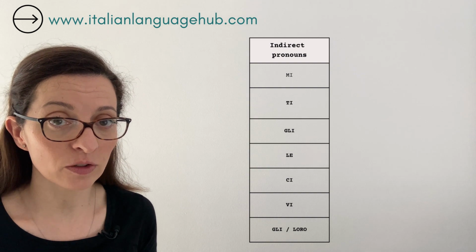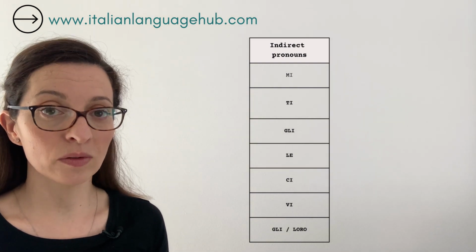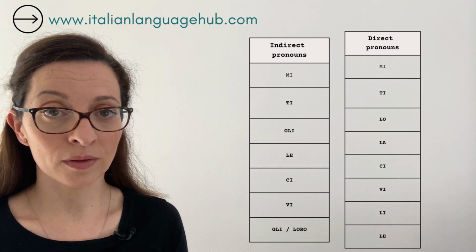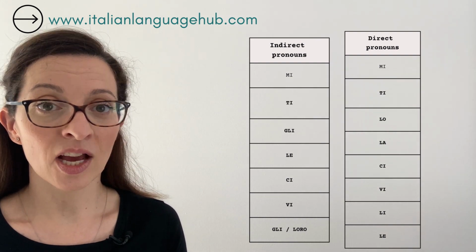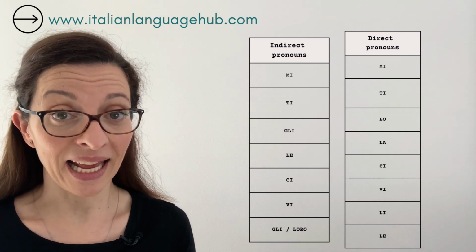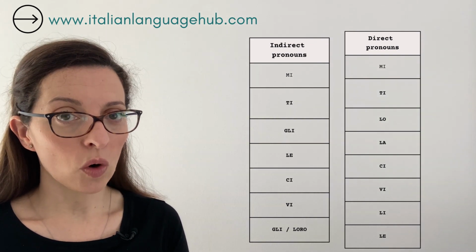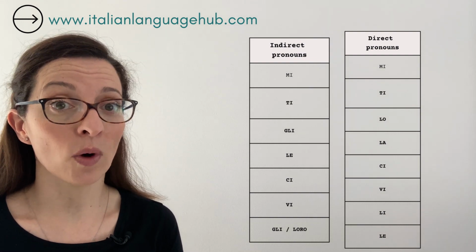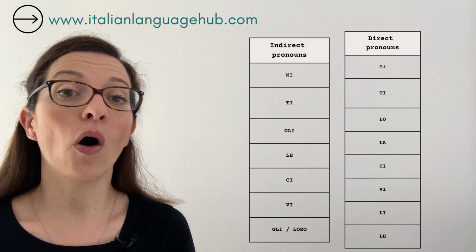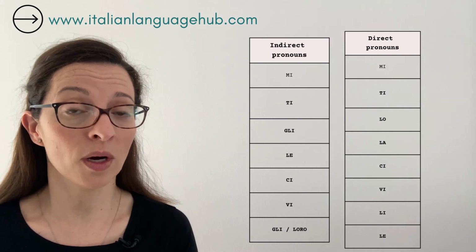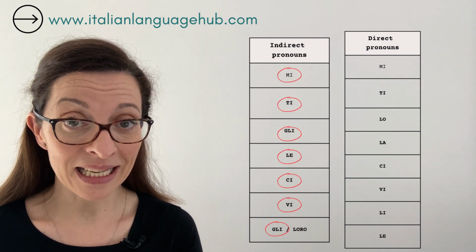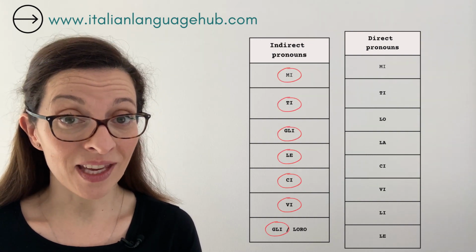What about the direct pronouns? The direct pronouns are mi, ti, lo, la, ci, vi, li, le. We're not going to use all of the pronouns, but we're going to select the ones that we need to create the combined pronouns. You're going to take all of the indirect ones: mi, ti, gli, ci, vi.